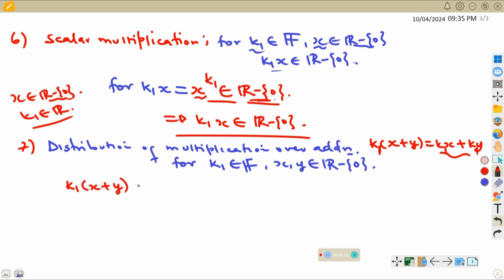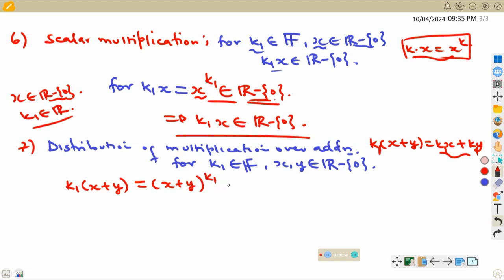By definition, remember that k times x is the same as x to the power k. That is by definition of scalar multiplication. That is what we are given. So k1 of x plus y is the same as x plus y to the power of k1.